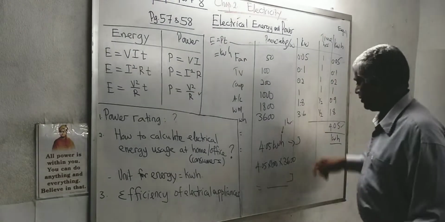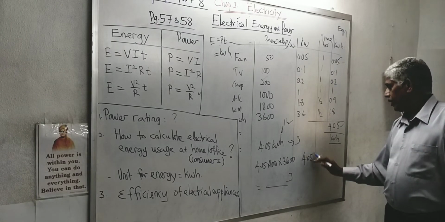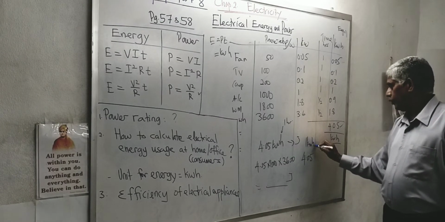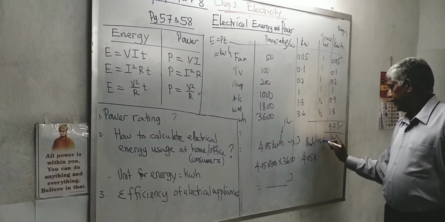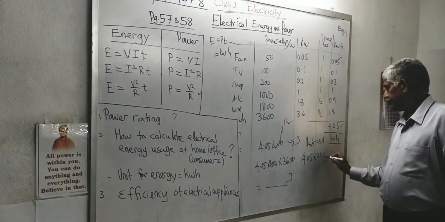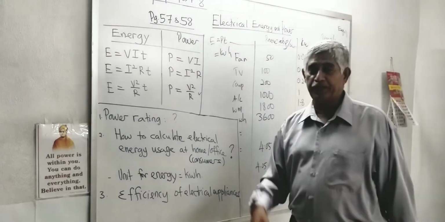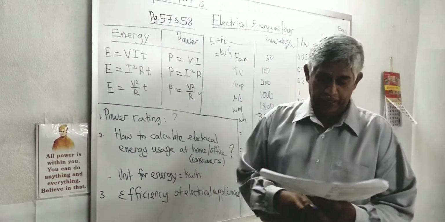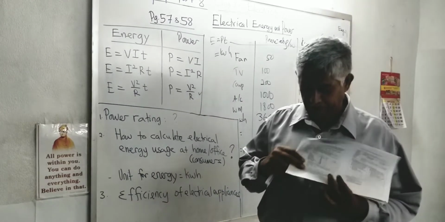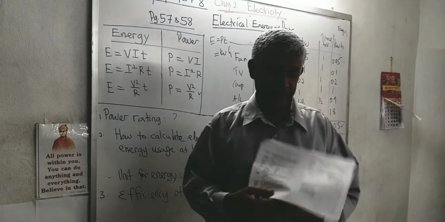So you just times 4.05 by 25 cents. Then you get how much you have to pay for the usage of that energy. So that's how you do it. It's also given as an example at page 57 at the very bottom, so you can refer to that.